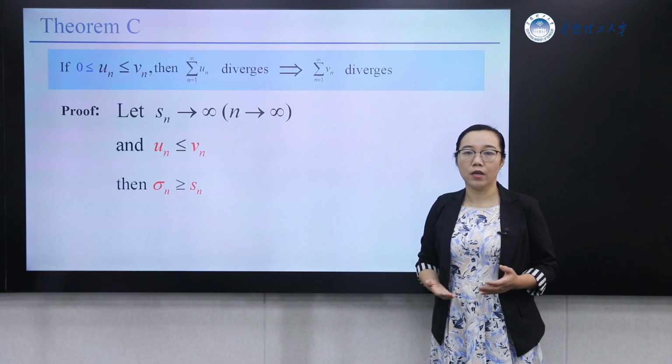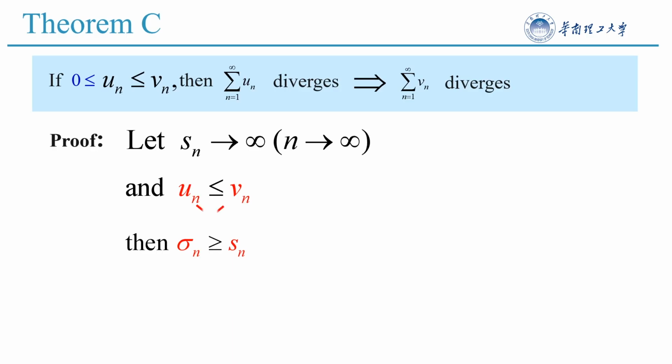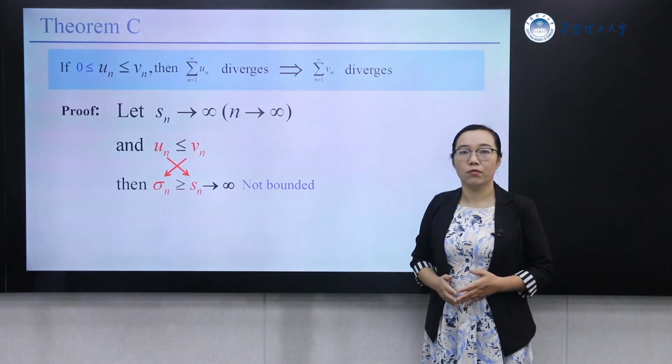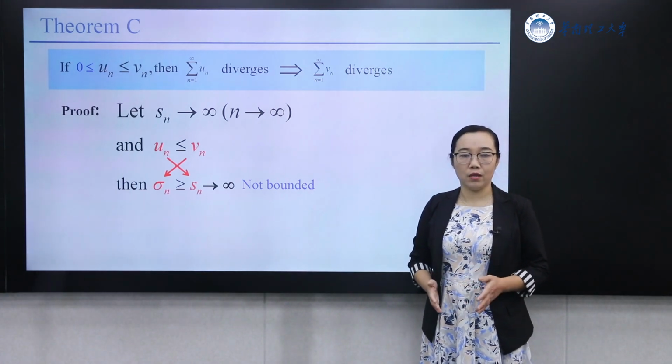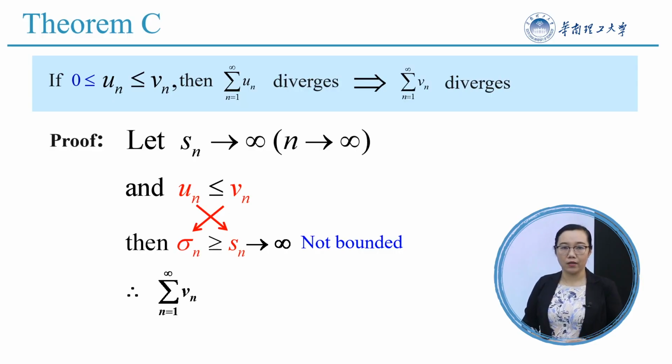It is obvious that sigma n is greater than or equal to Sn, which means it tends to positive infinity, namely not bounded. Naturally, we get that the summation of Vn diverges.